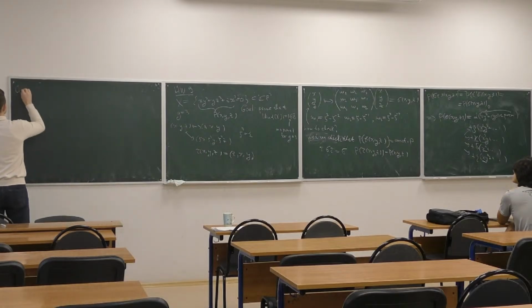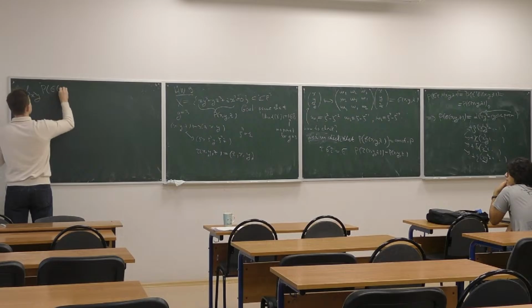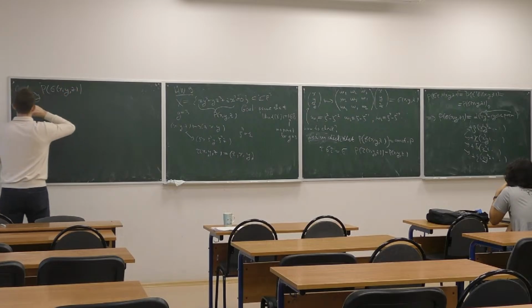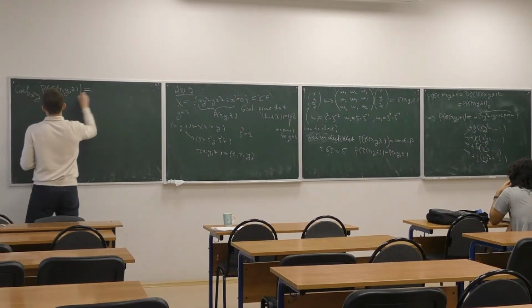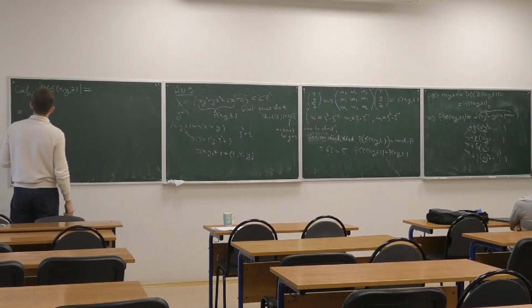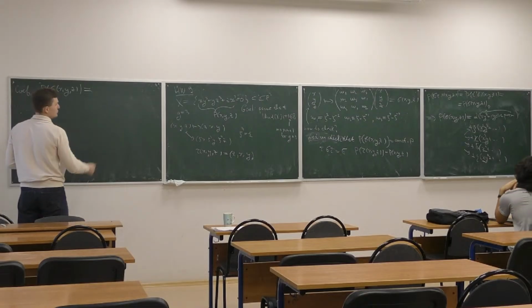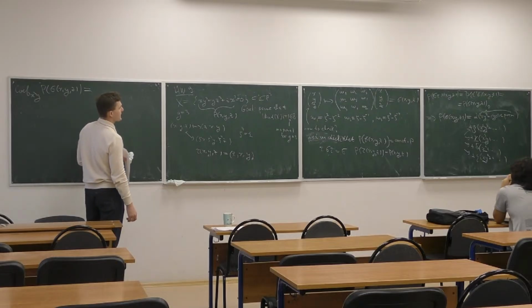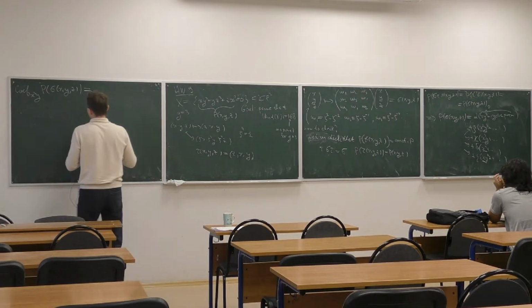So we want to compute basically the coefficient of x cube y of p sigma x y z. Okay, you're right.